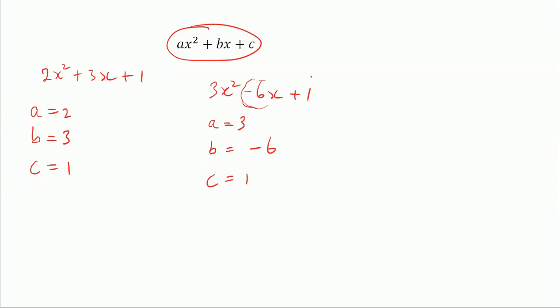Now, previously in another video we looked at removing brackets, or simplifying expressions. If we had 2x plus 1 in one bracket, multiplied by 4x plus 2, and we had to remove the brackets, we take the first term and multiply by the first term: 2x multiplied by 4x gives us 8x squared.